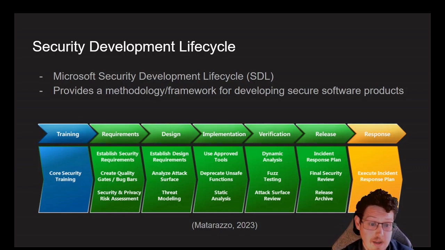Fuzz testing is an example of this, and again, we'll cover this in detail in level 6. You'll be doing some fuzz testing in the system security module. Fuzz testing is a type of dynamic analysis where we're giving randomized or procedurally generated inputs into a program.